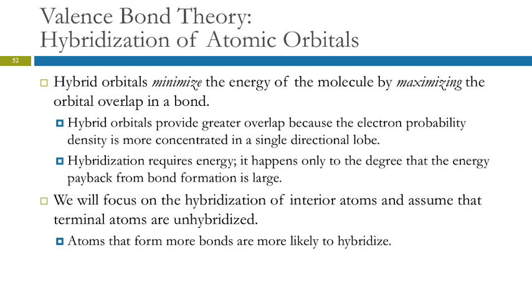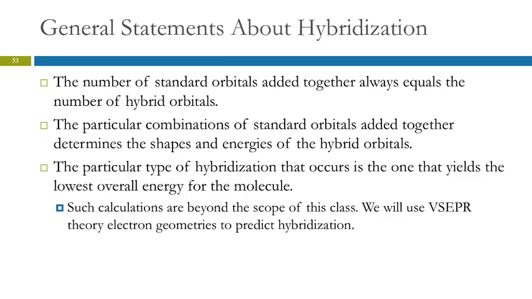So general statements about hybridization. The number of standard orbitals that you're hybridizing always equals the number of hybrid orbitals that you get. So if you start with 3 orbitals, you're going to end up with 3 orbitals. So conservation of orbitals. The particular combination of the standard orbitals that you're putting together in this hybrid is going to determine the shapes and the energies of the hybrids.